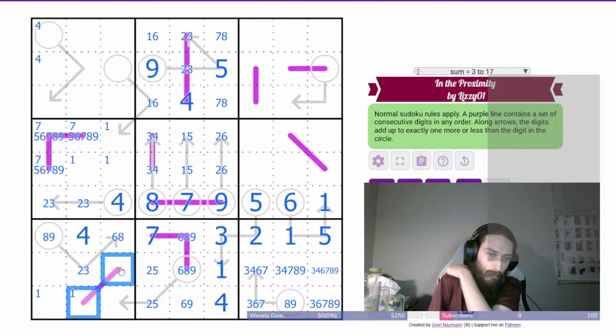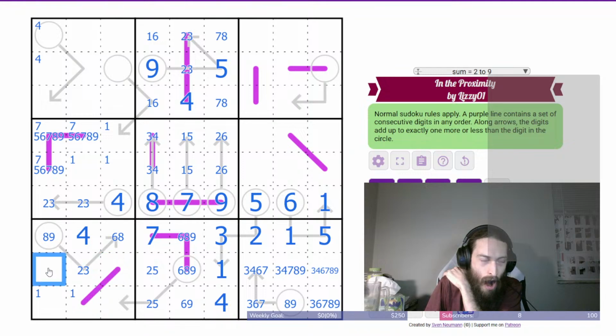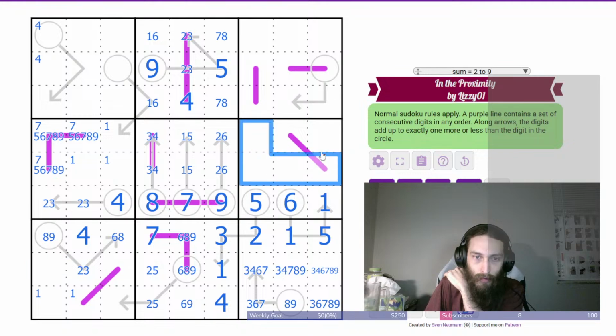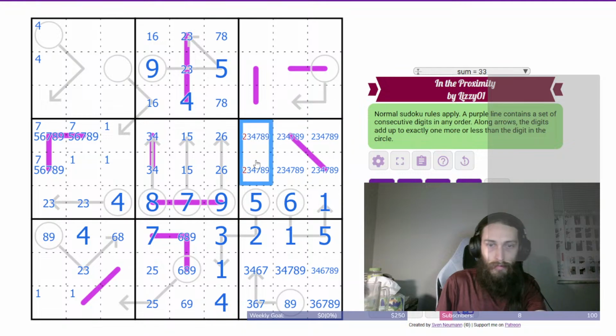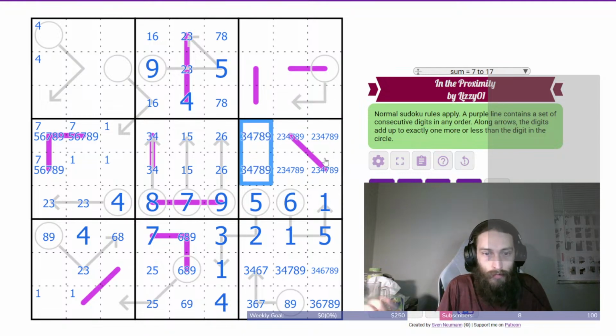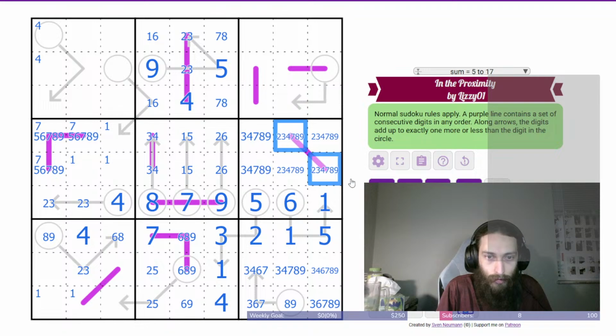Which isn't ruled out. Isn't super restricted.